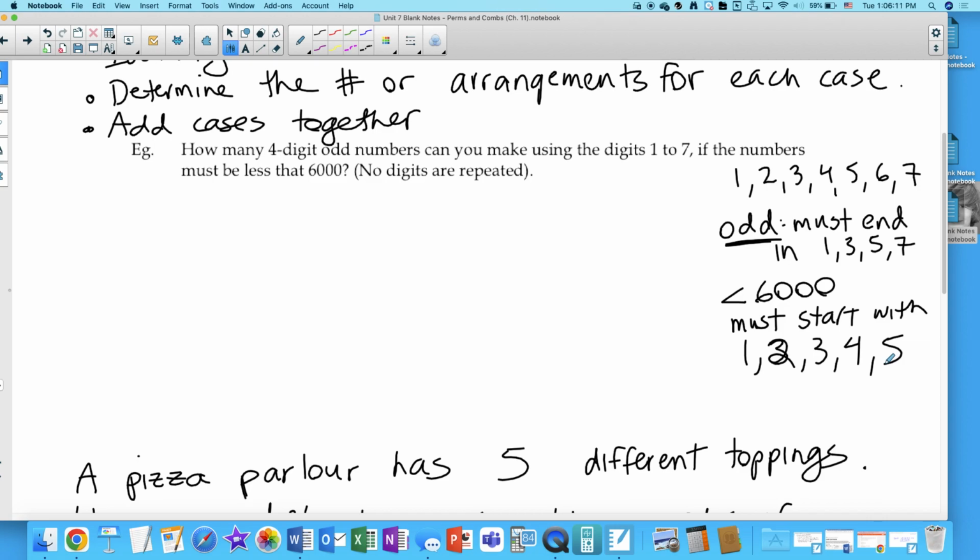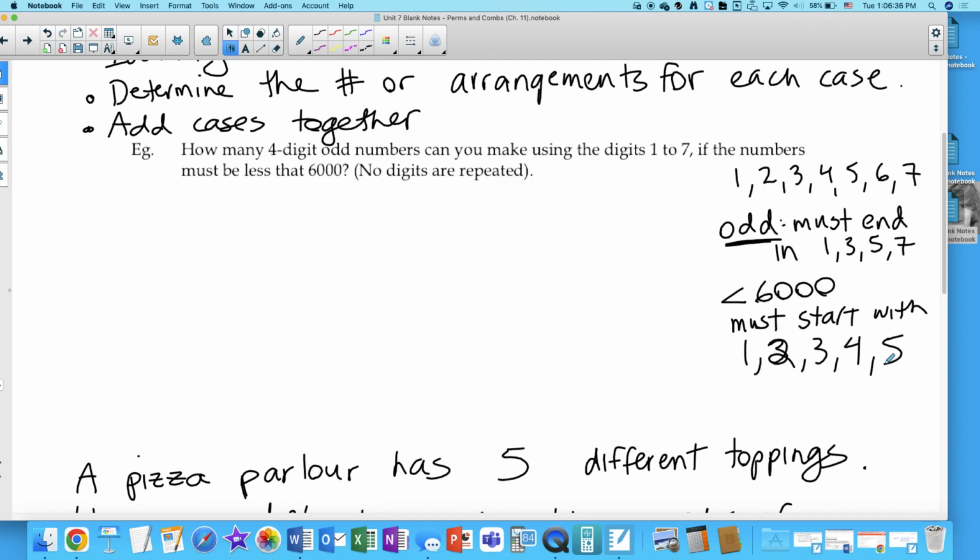The reason why this is a case problem is because we have to deal with 2 restrictions, and there's overlap in what can go in those places, right? So let's say we deal with this guy first, and let's say that's a 3. Now we have to take a 3 out of here because it can't be reused. Okay, so you have to think, where's the overlap?